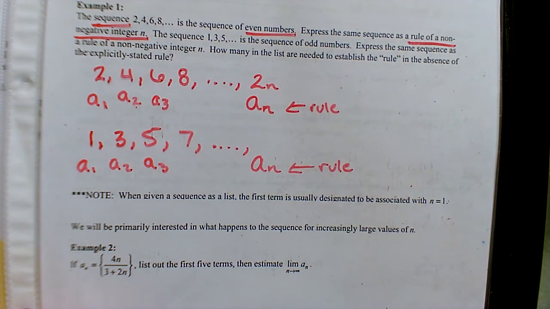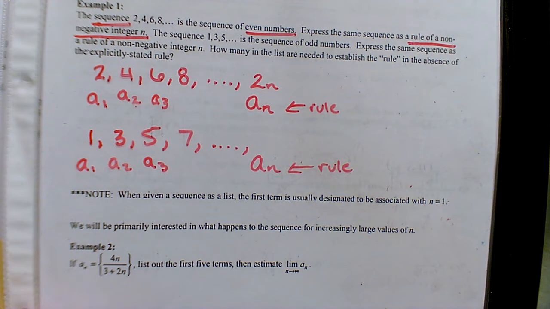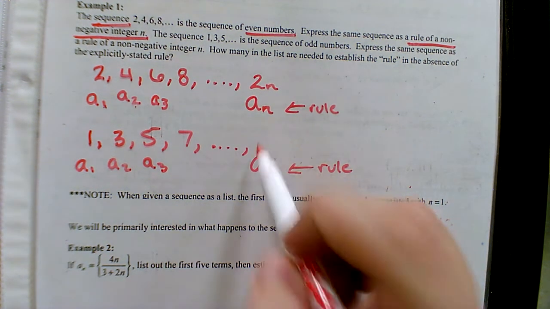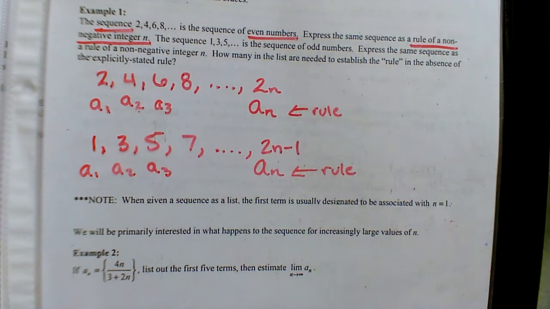What rule can we have there? Yeah? 2n minus 1. Checks out. Yep.